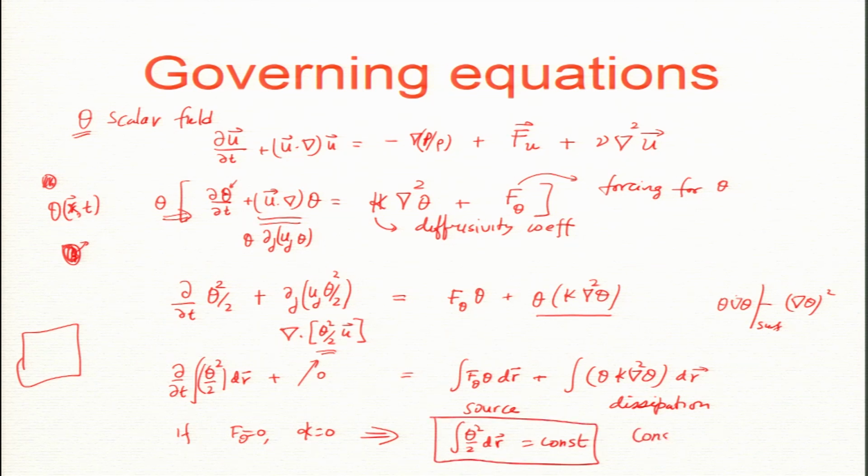So, this is a conservation of theta squared. I am going to call it scalar energy, a generic word which I am going to use for temperature, density or ink. So, we will call it scalar.